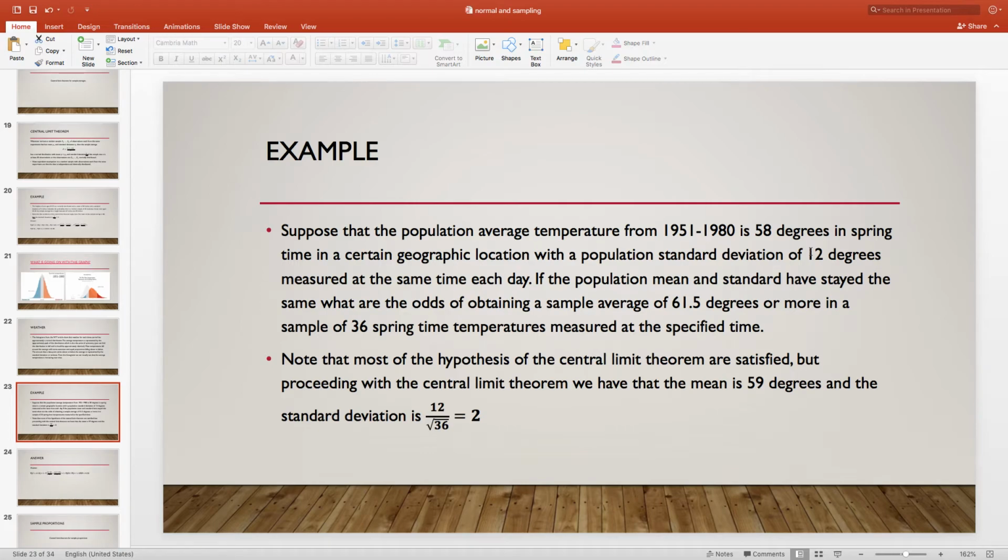Well, if indeed the temperatures have not changed and the population mean is 58 degrees with a standard deviation of 12, what are the odds of seeing a sample average of 61.5 degrees? Well, I can use the central limit theorem to answer that. Okay. So I have a large enough sample size that I can use the central limit theorem.